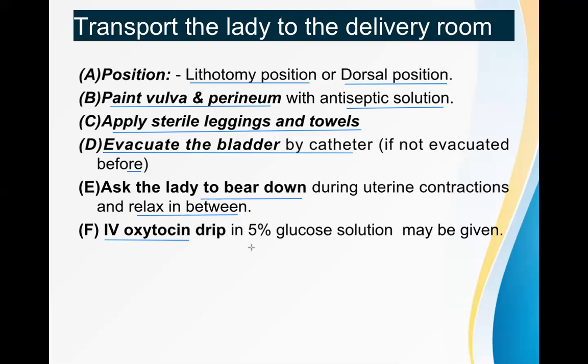So this oxytocin drip is given in 5% glucose solution. This glucose is doing another job for her. If she is a bit tired, if she has not eaten for a longer time, this can prevent the formation of ketone bodies also. So oxytocin is usually added to the 5% dextrose water and then it is given.